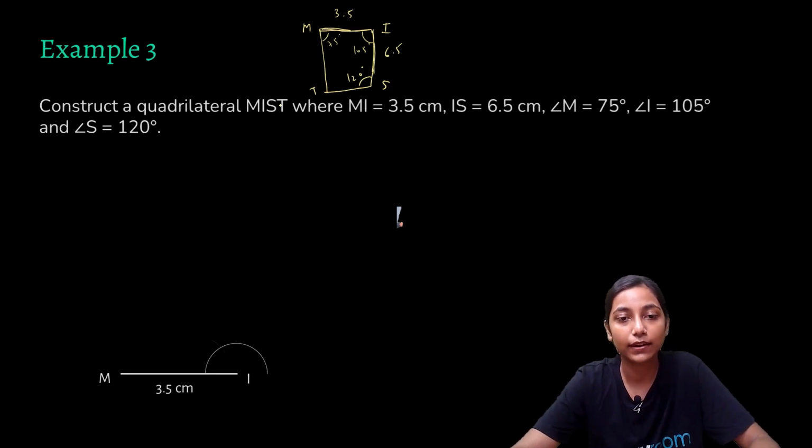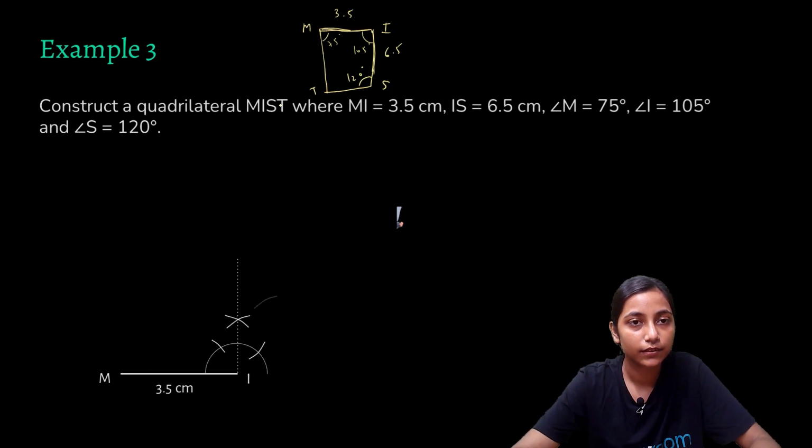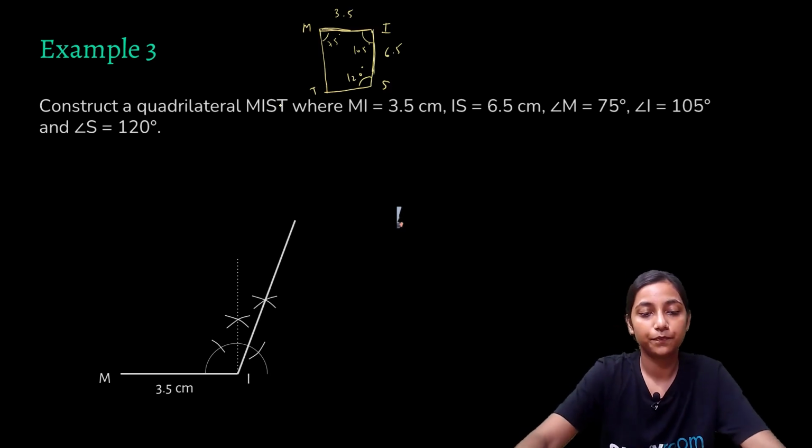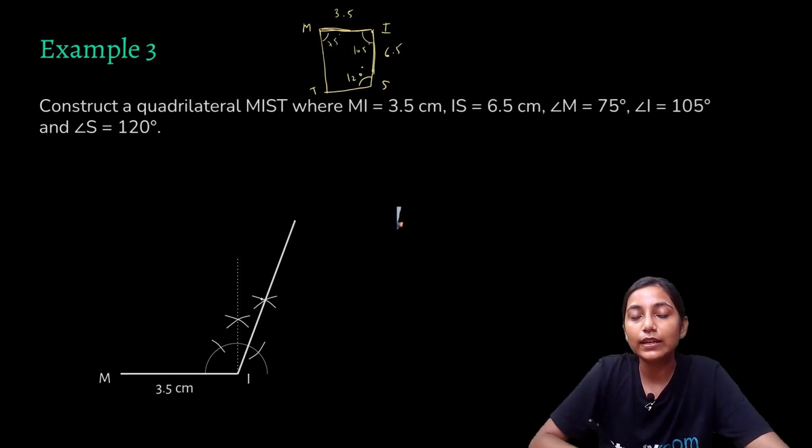So angle I is 105 degrees. You can easily make an angle of 105 degrees, and this angle is given to be 105 degrees.